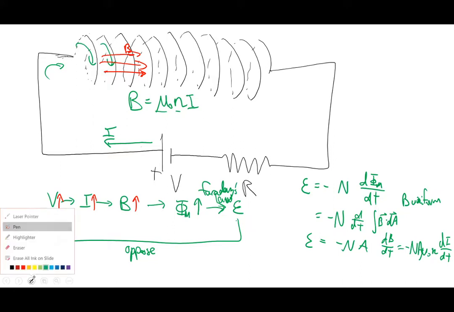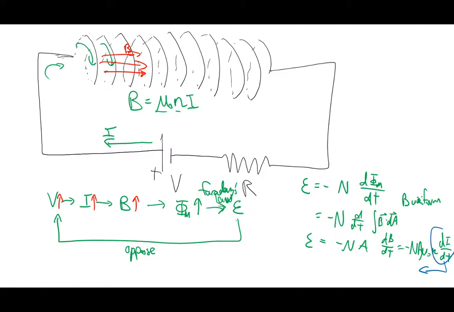So in other words, as you try to supply a voltage and therefore a current going through the solenoid, the solenoid ends up with an induced magnetic field, which then induces an EMF, which then opposes the original voltage, and it's based on the change in the current.